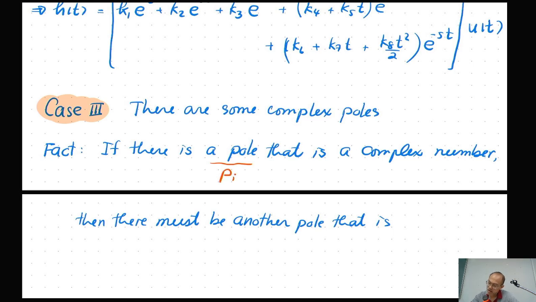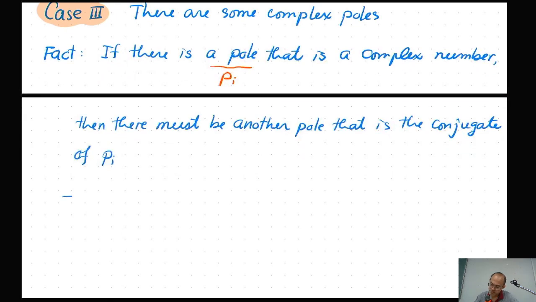Then there must be another pole that is the conjugate of pi. So in other words, complex poles come in complex conjugate pairs.